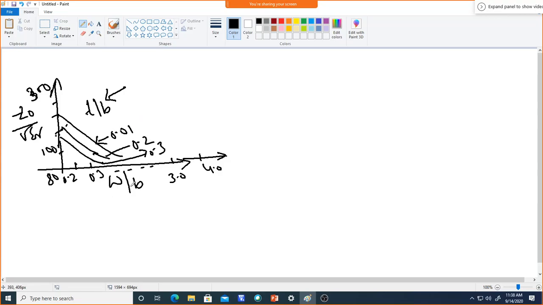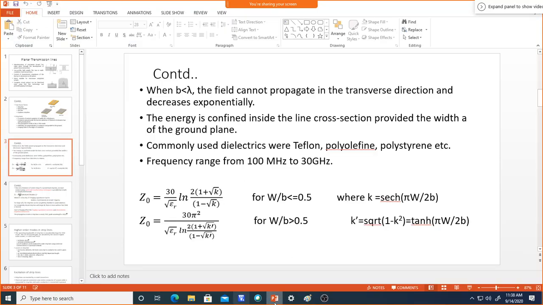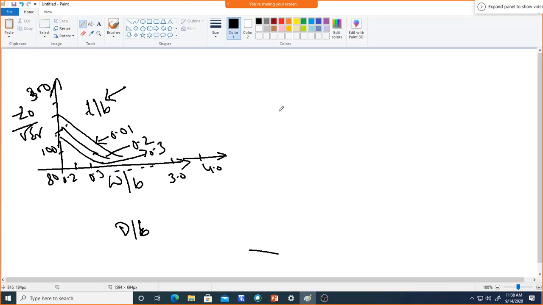In a similar way, the impedance curves will vary with respect to D by B. Say for example this is the substrate, this is the conductor, and this is another substrate. This is W, and from the center, this is the D value.